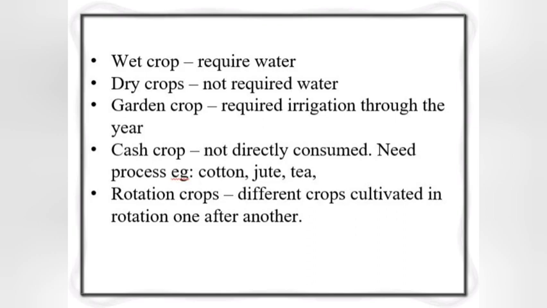The process of cultivating different crops one after another is known as rotation of crops. It increases the fertility of the soil, reduces crop diseases and wastage due to insects, and also increases the yield of crops.